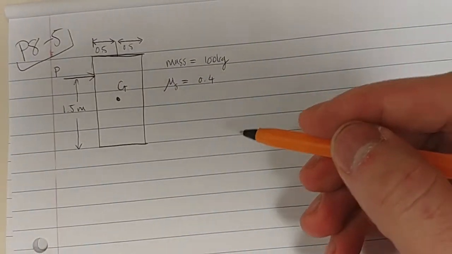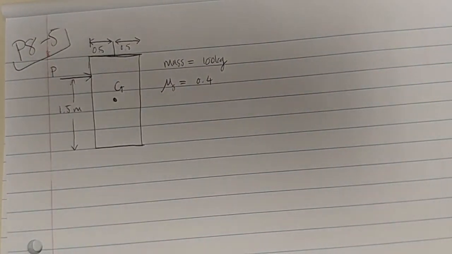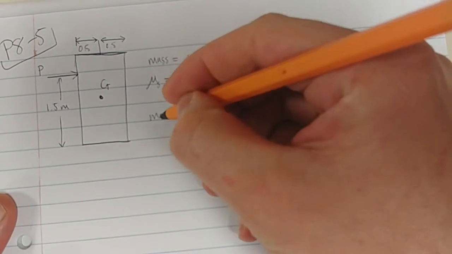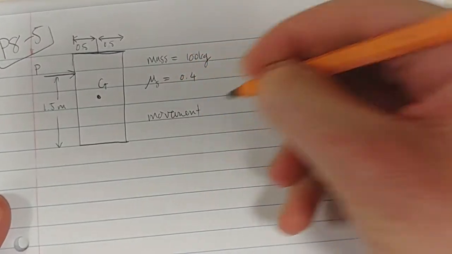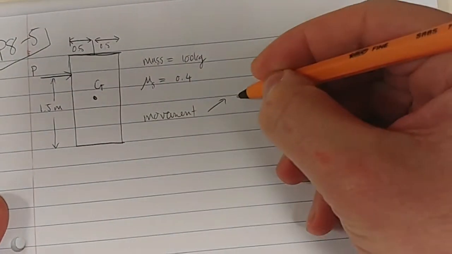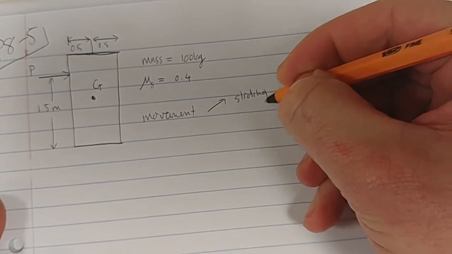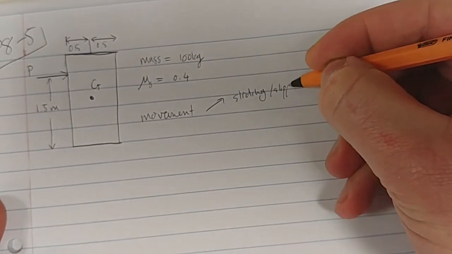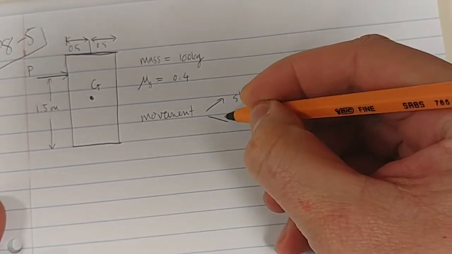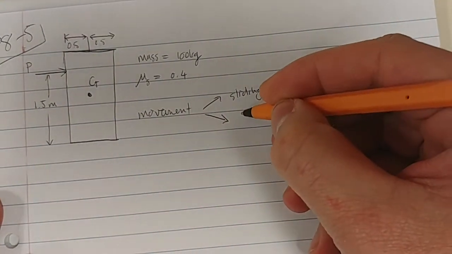Remember that it says what is the largest force P that can be applied without causing movement. Okay, so when we say movement, we mean one of two things. The one is sliding or slipping, and the other one is tipping.